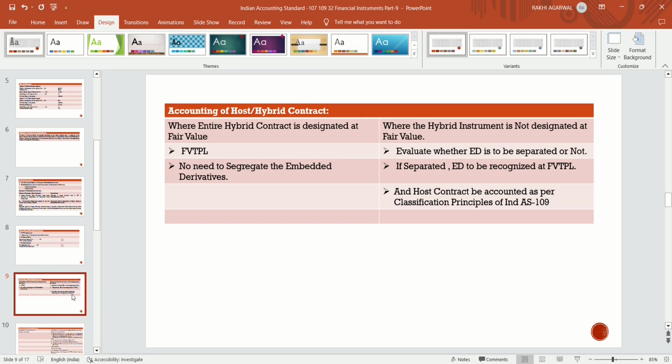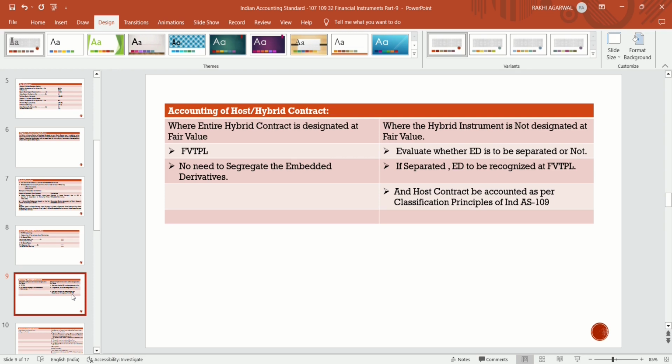Where the hybrid instrument is not designated at fair value, then evaluate whether the embedded derivative is to be separated or not, whether we will be able to separate that embedded derivative or not.